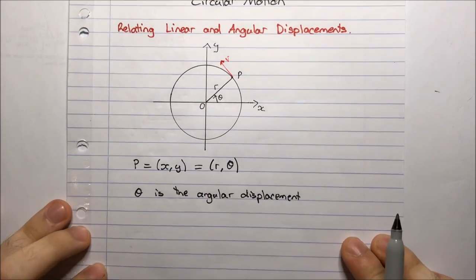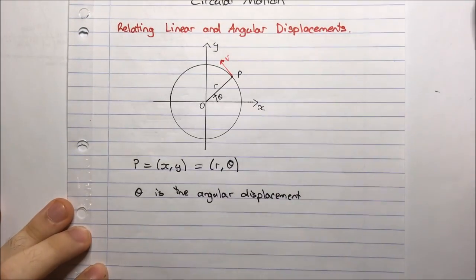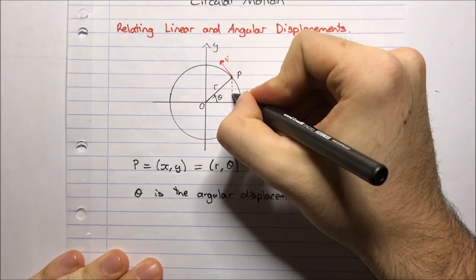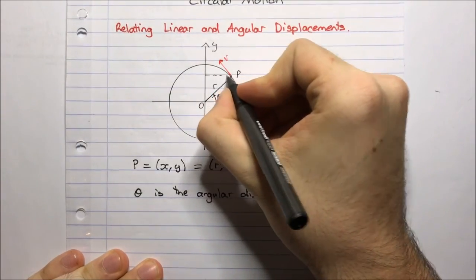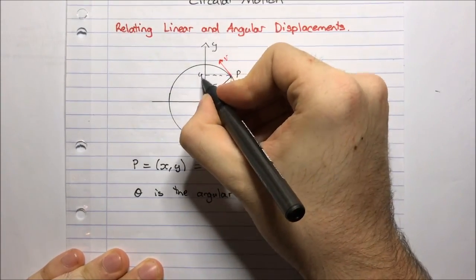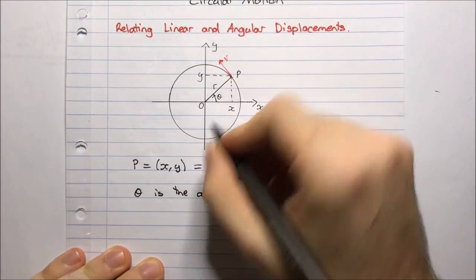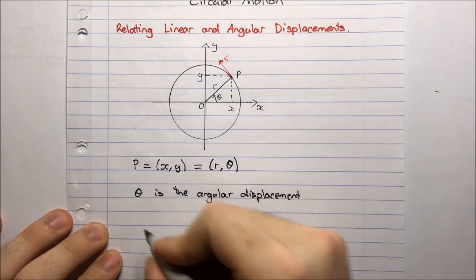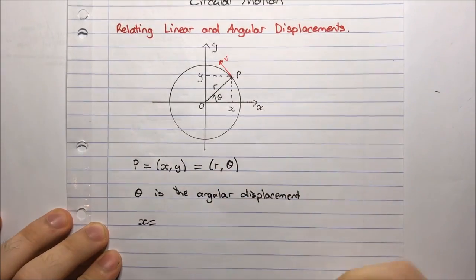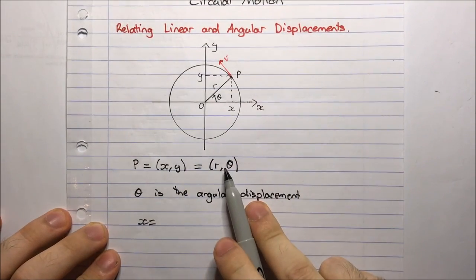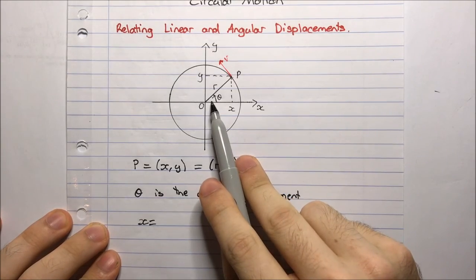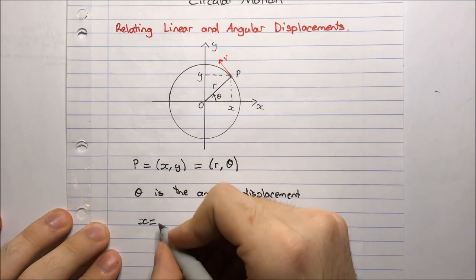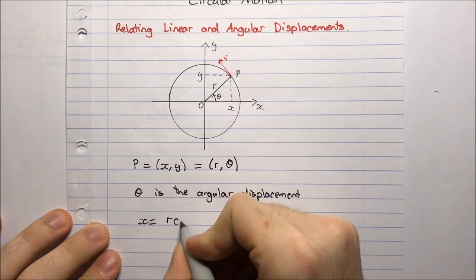Okay, so let's draw something on our diagram. If we were defining it in terms of x and y, this would be the y coordinate, and this would be our x coordinate. So our x coordinate, if I relate that to the polar coordinate, is going to be adjacent over hypotenuse, so I'm going to have r cos theta.